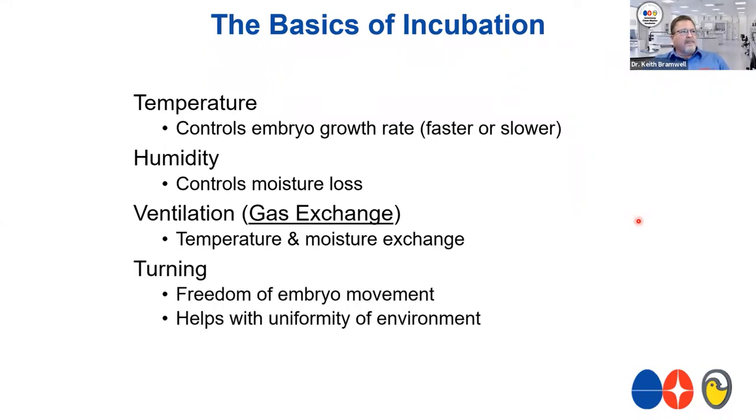And then our turning, of course, gives freedom of embryo movement, but we also have to remember that it always helps with uniformity of the environment. Every time those racks are moving, we have an air pattern going across them, and when they turn one direction, the air pattern has to move. So every time they move, we deflect and change the air movement through that cabinet, which helps with our uniformity.